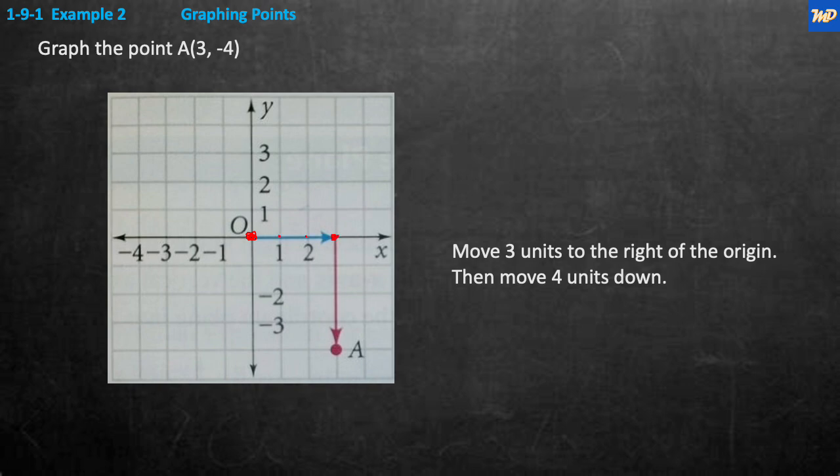And then 4 down, negative 4 on y. 1, 2, 3, 4. So here we are, right here. So we've graphed the point. Move 3 units to the right from the origin and move 4 down.